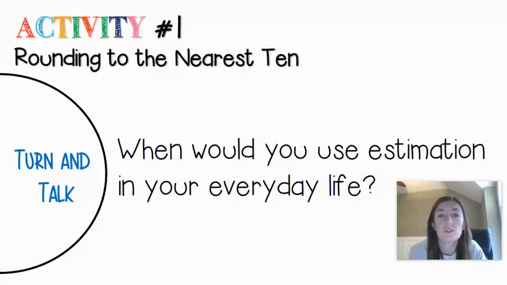All right. So before we talk about rounding, first we are going to talk about estimation. When you estimate something, you are not finding the exact answer. For example, sometimes when I go grocery shopping, I think in my head and I try to add in my head how much everything is costing me.